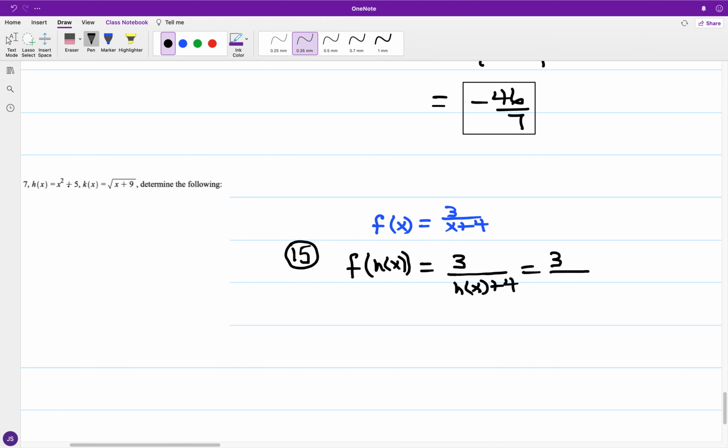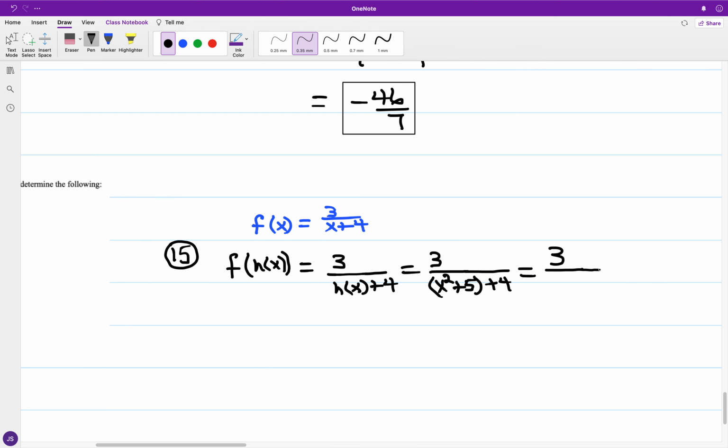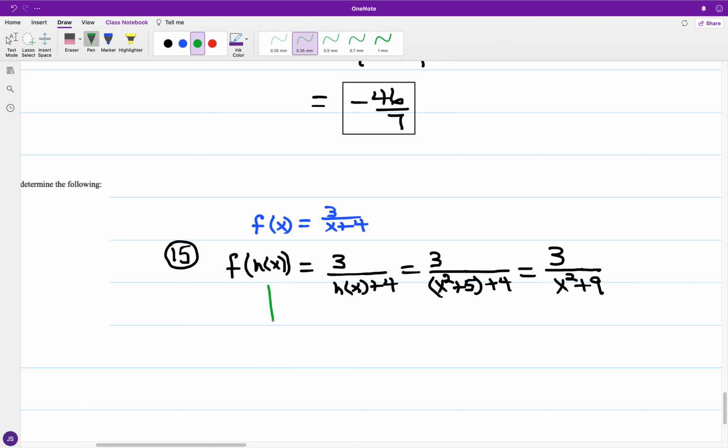So h of x is x squared plus 5, followed by the addition of 4. And so the final output is 3 over x squared plus 9. Now, looking for the domain, your input function is h of x.